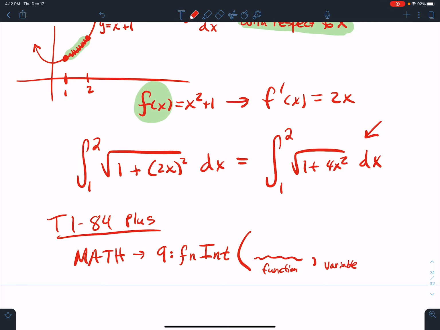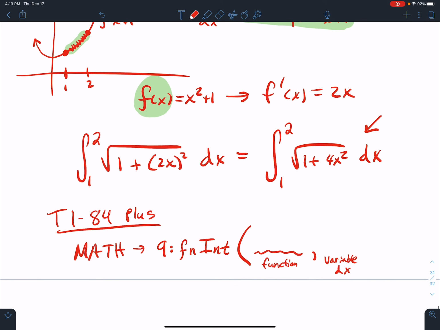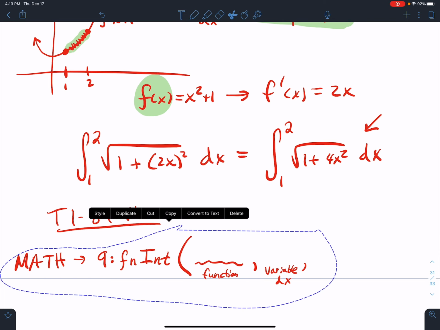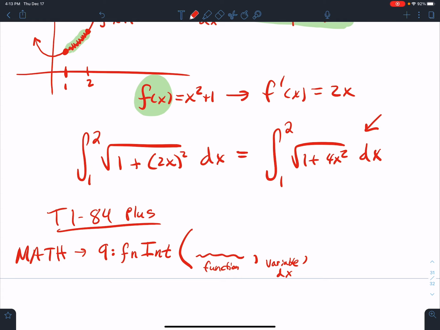Remember you're putting commas in between each of these things. The next thing after that is the lower limit, and the last thing is the upper limit. Then you close it off right there.